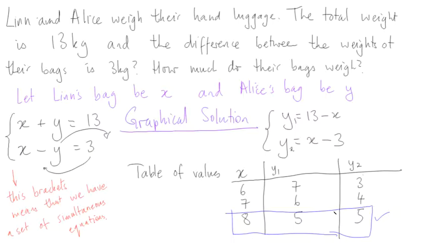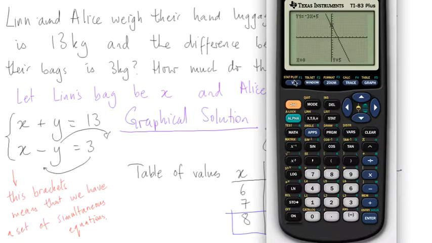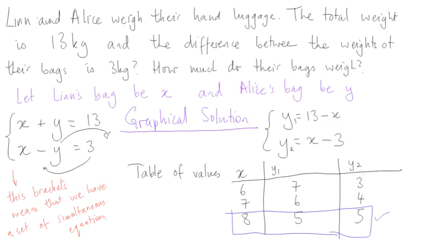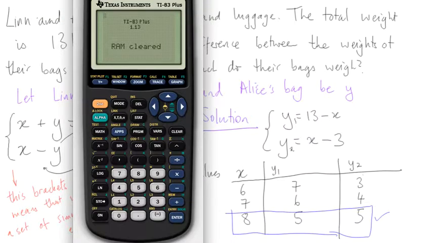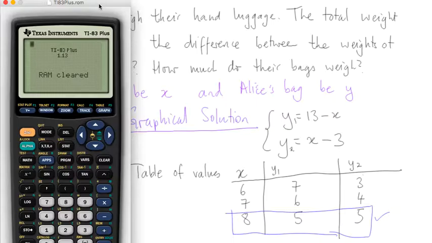Now another way to solve this would be, not just doing a table of values and trial and error, using your graphical calculator. So let's get our graphical calculator, clear the screen. Now I want to plot this pair. You have to have the equations in the form y equals in order to do this.